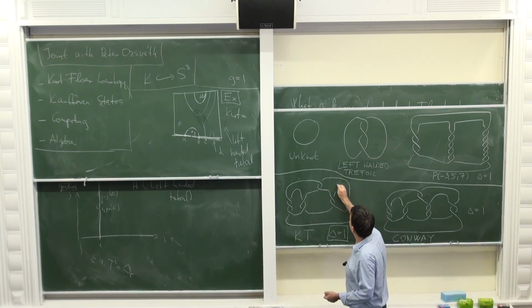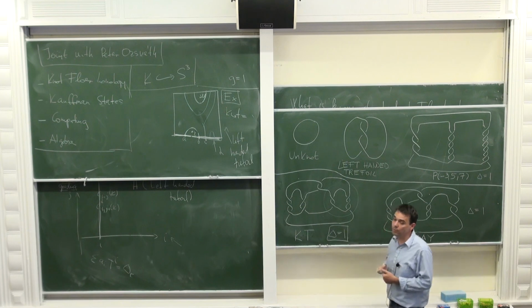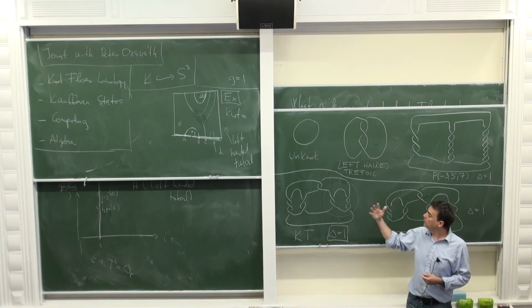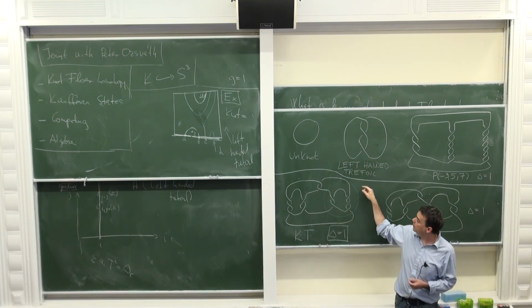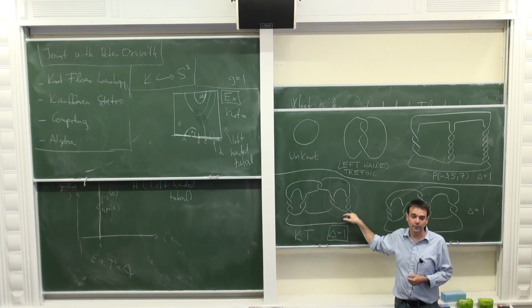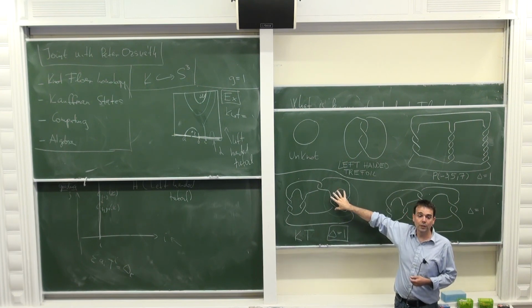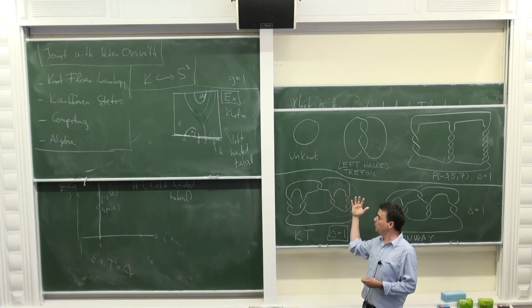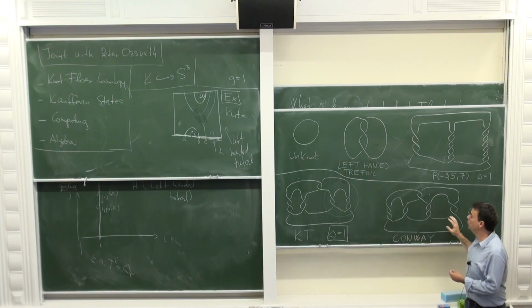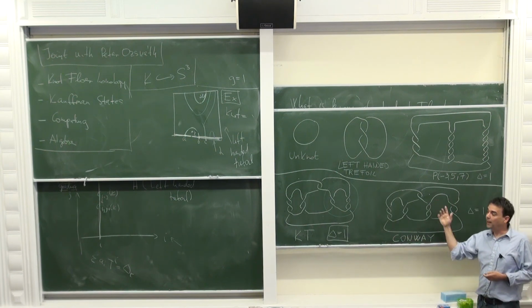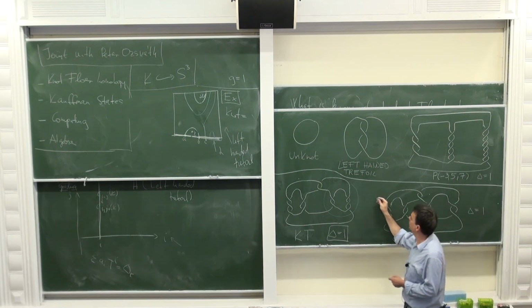That is something called a Conway mutation, which is that in the diagram you find a circle that intersects the knot exactly 4 times. You take the inside of that circle and just flip it over, there's the C2 action if you like, and then glue that back in. And so these are Conway mutants.